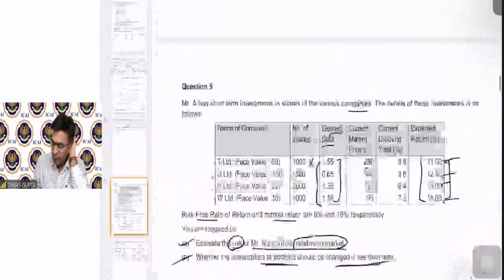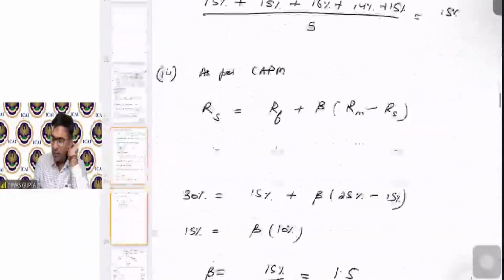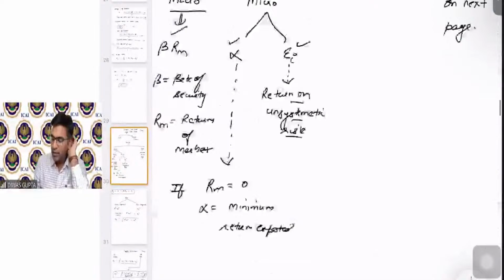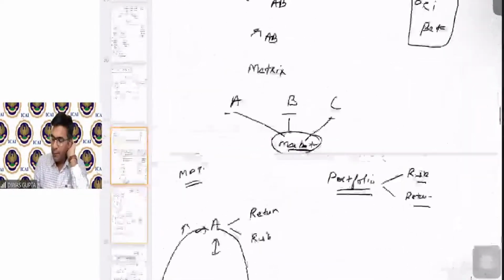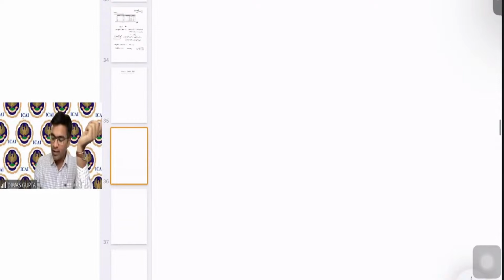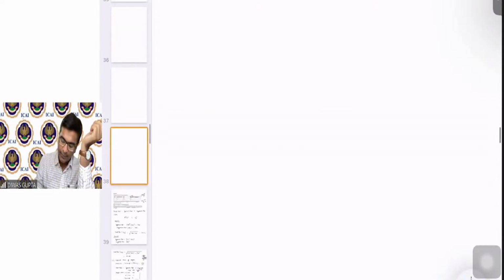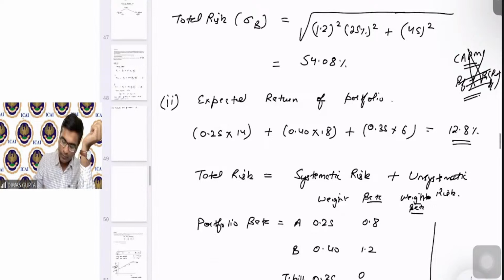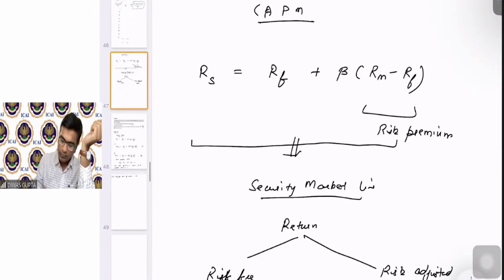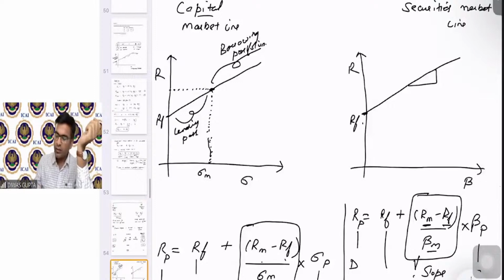Then today we started our discussion with CAPM, securities market line, and capital market line, and their linkages with Sharpe's ratio and Treynor's ratio. Let me just quickly go to that one chart. Yeah, this one.